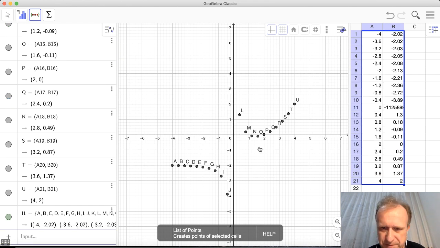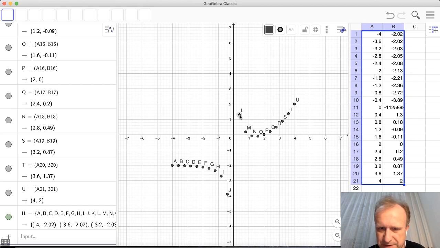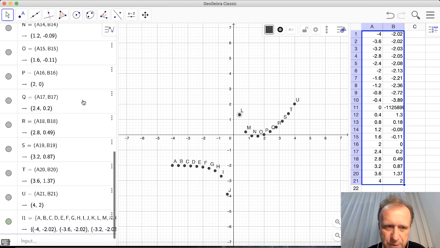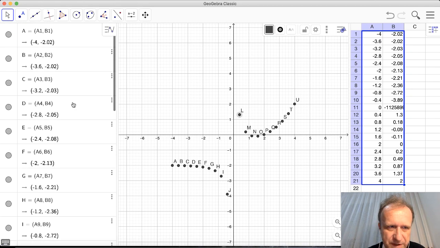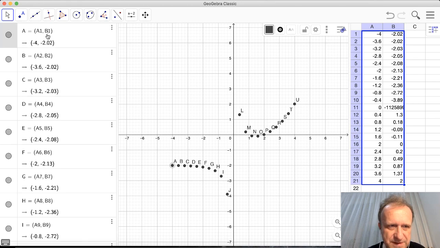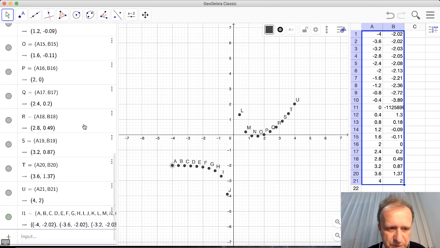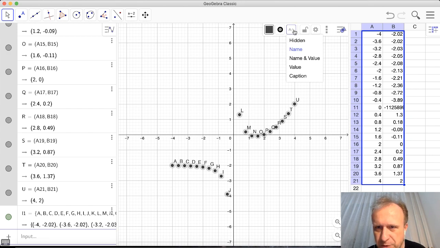Here are my points. These are the points in the list. Okay, you see that the program labeled them, and it's not very practical to have names assigned, so perhaps it would be a good idea to highlight all of those points and choose not to show the label. So I will hide the labels, okay, like this.